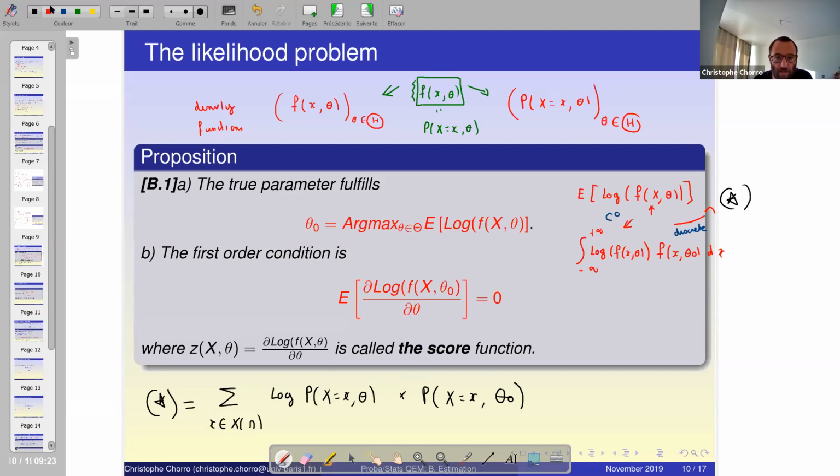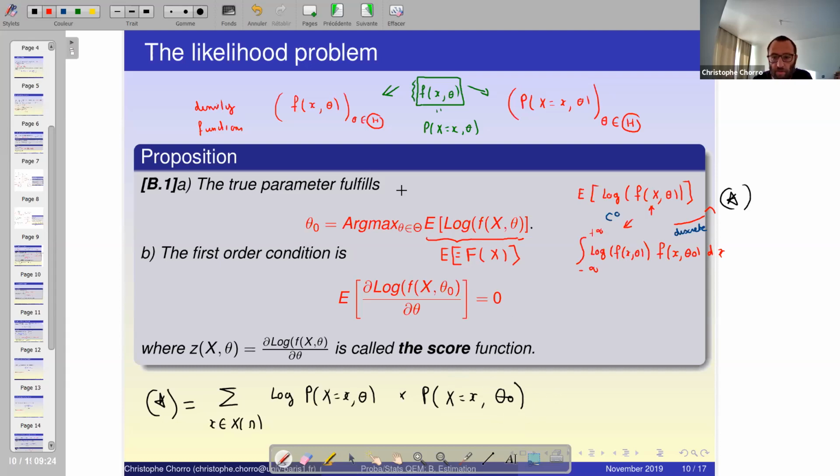Just keep in mind that here you simply have the expectation of a function of capital X, which you can express using the integral of the density, being f_X(x; theta_0), or the sum of the probability mass function, being this one.